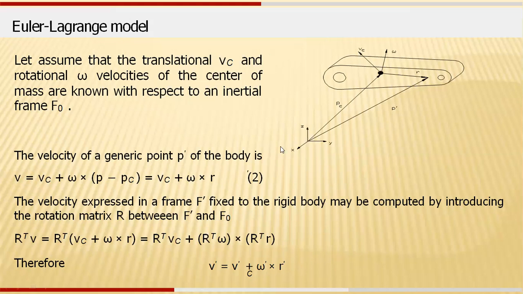Hence the velocity of a generic point P within the body is V equal to Vc, that is the translational part, plus omega, that is the rotational part, times P minus Pc, that is Vc plus omega into r.